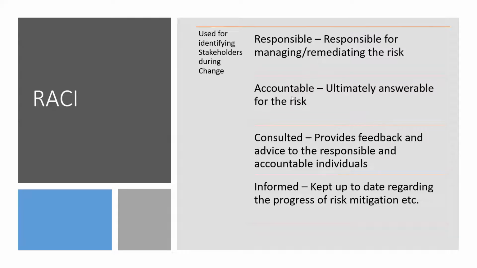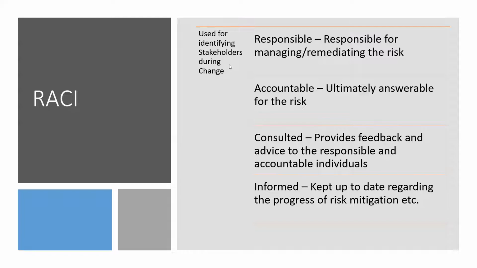They would, whilst mitigating the risk, be providing feedback to the CIO and to the board. And there will be stakeholders who will simply need to be kept up to date regarding the progress of the risk mitigation, including users, including senior management again.